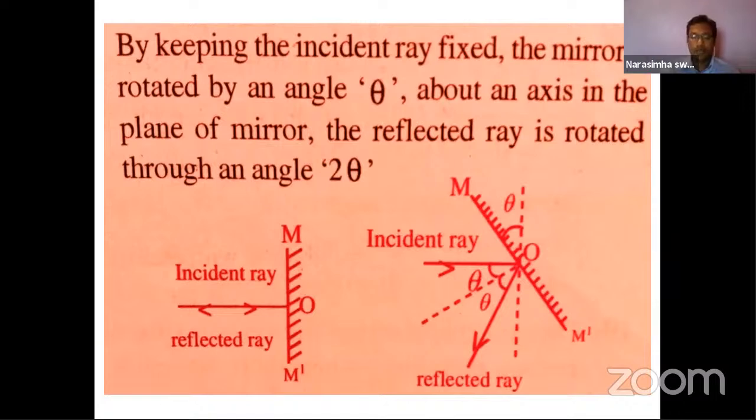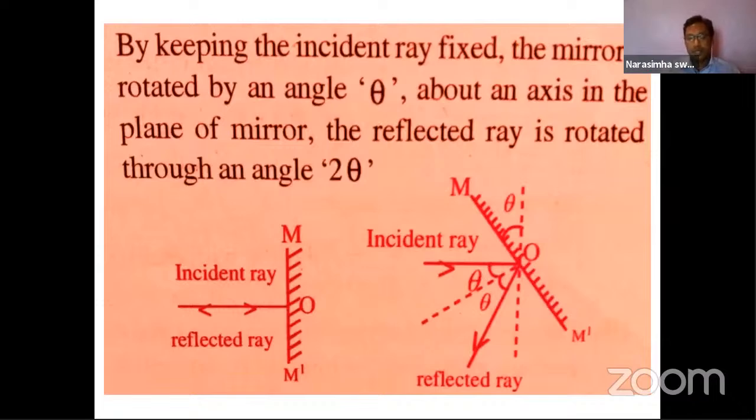This point is to be remembered. Observe the diagram. In the first diagram, the incident ray is incident exactly normal to the plane mirror. M dash is the mirror, and O is the center point. When the incident ray is normal, the reflected ray also goes along that normal line. So there is no angle of incidence or reflection.